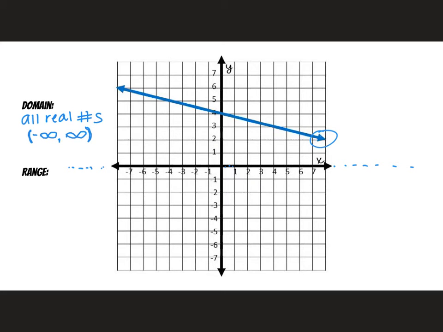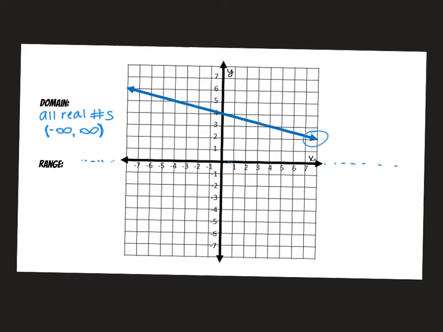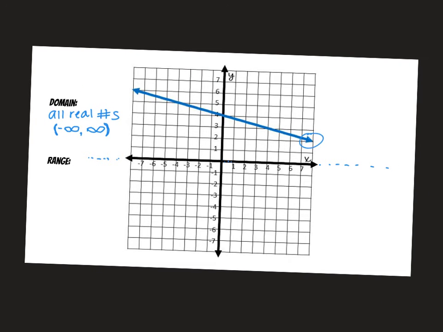For the range, we know that that is along the y-axis. Again, with these arrows, we know that it's never going to stop, right? So just because 2 is the last one we see, this arrow means it's going to keep going. If we stretched this graph out forever and ever, eventually it would get every number.